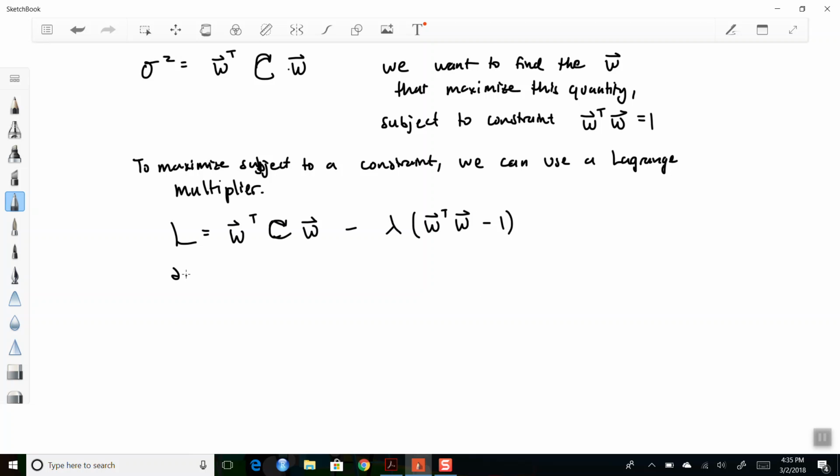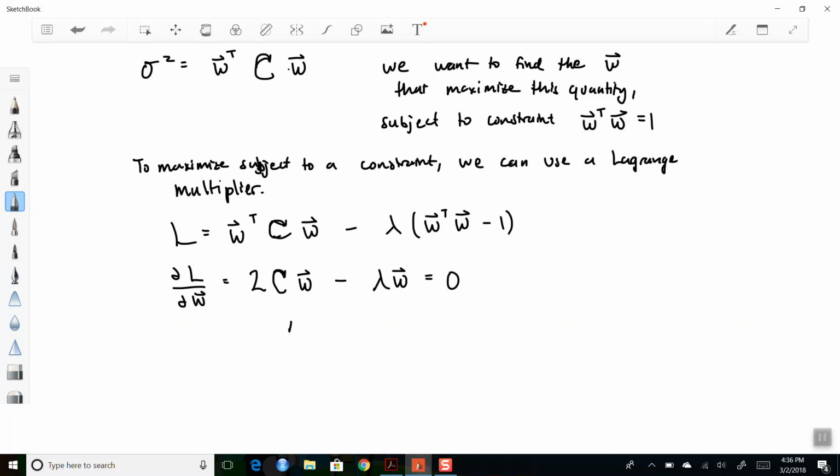And if we take this derivative with respect to W, we'll get 2 times the covariance matrix times W minus lambda W equal to 0.